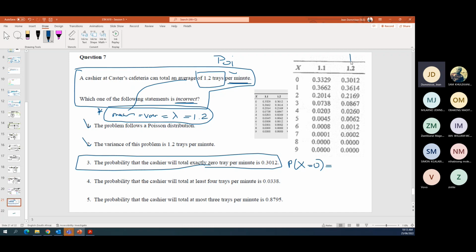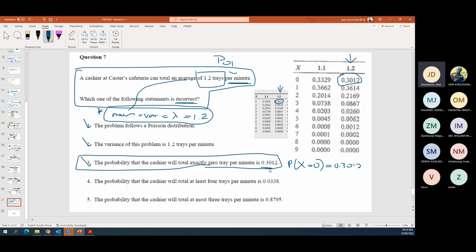We work with 1.2. So there we have it as 0.3012. Okay, there it was as well. So I still don't know why I've done two tables. We'll find out if there's anything else that was different. Okay, so option 3 is correct.